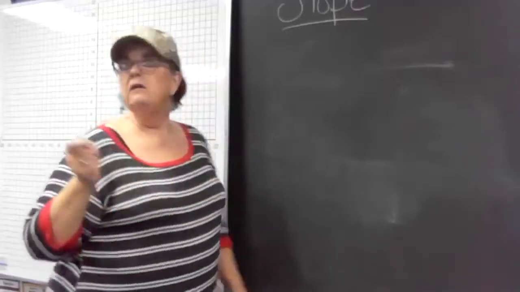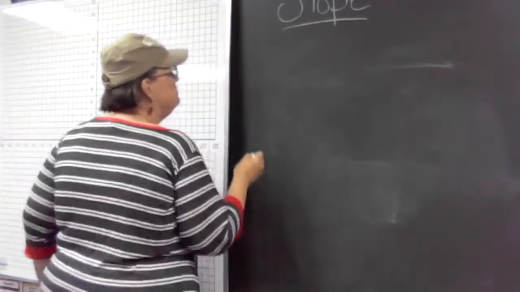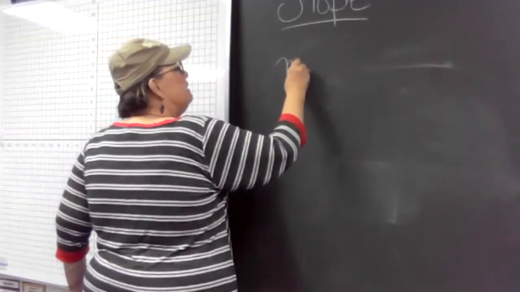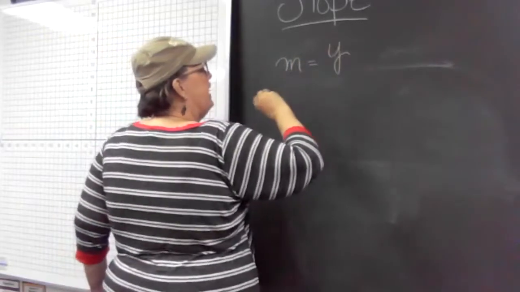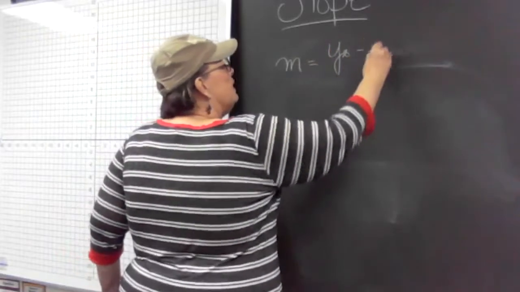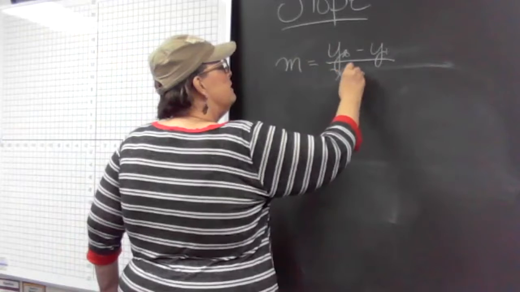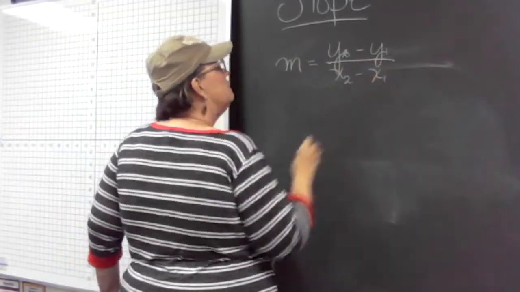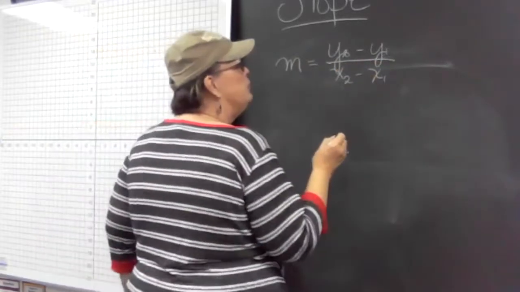Then we were given the formula, the formula for finding slope. Remember that M indicates slope. And to find slope, you take y2 minus y1 over x2 minus x1 to find the slope of any line given the 2 points.